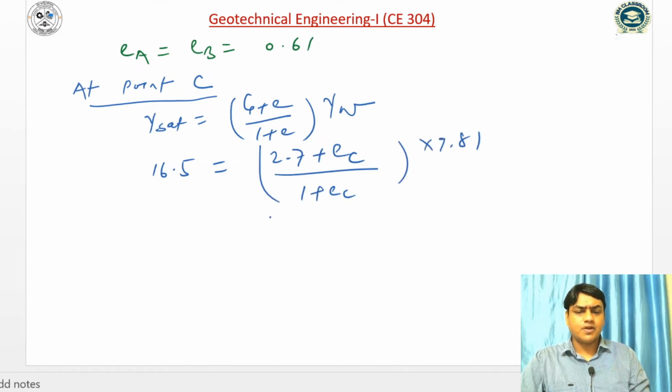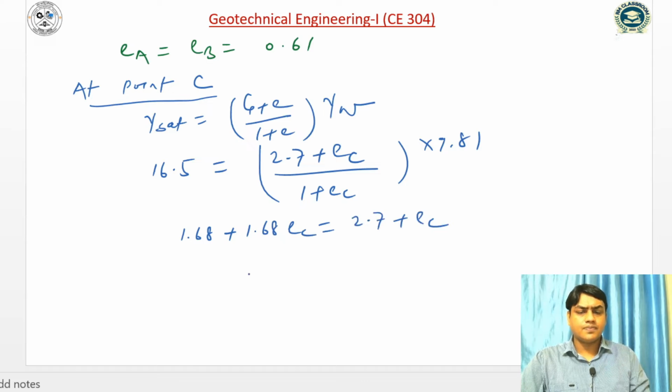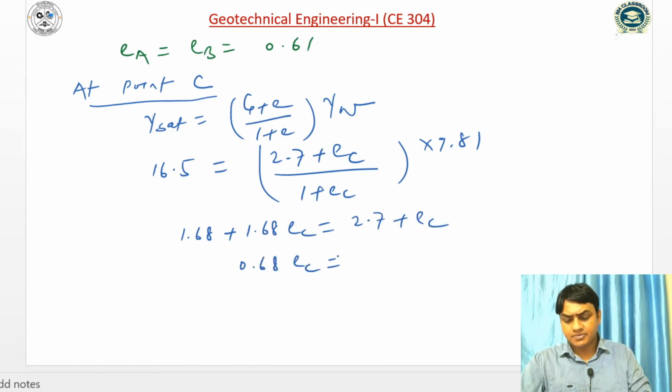Computing, 16.5 divided by 9.81 comes to 1.68. So 1.68 plus 1.68 EC is equal to 2.7 plus EC. So 0.68 EC is equal to 2.7 minus 1.68, so EC is 1.02.